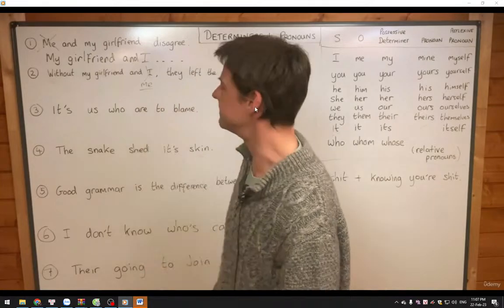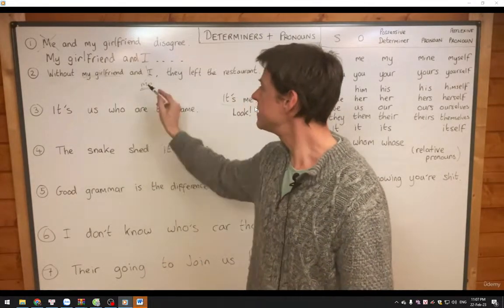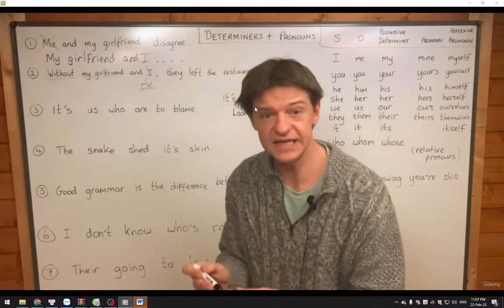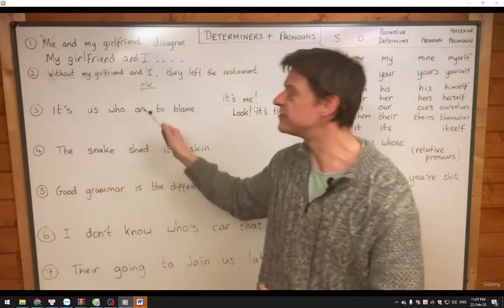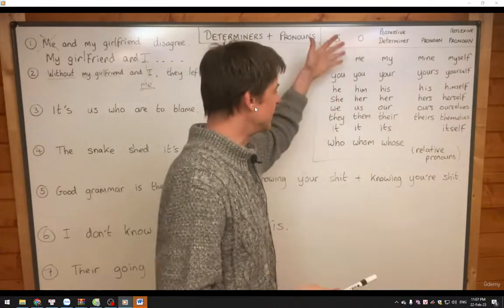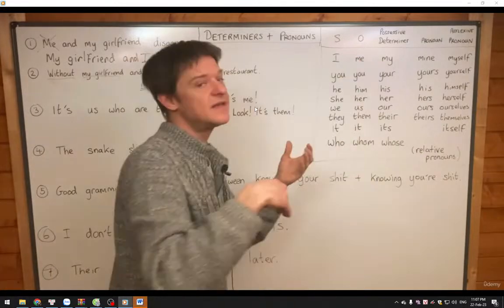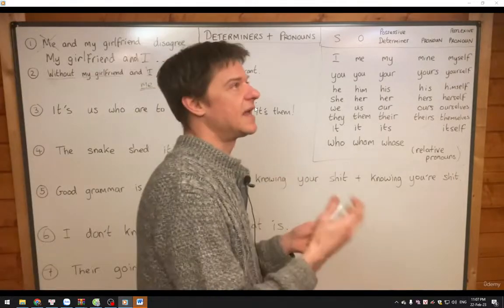Now, why is it "me"? Well, it's because "my girlfriend" and "me" are the object of the preposition "without." Without is a preposition, and what that means is that it is always followed by an object. Subjects and objects are nouns, but an object might be the object of a verb, like "he kicked me."